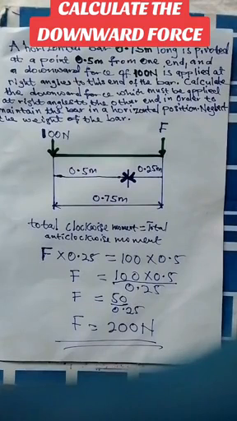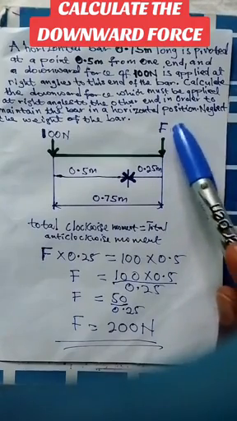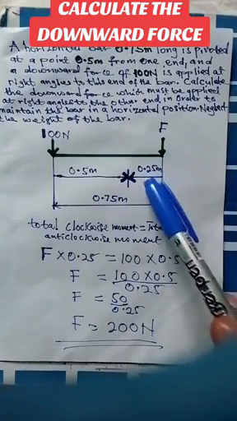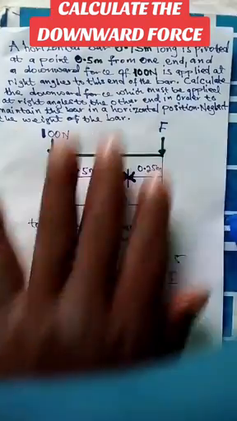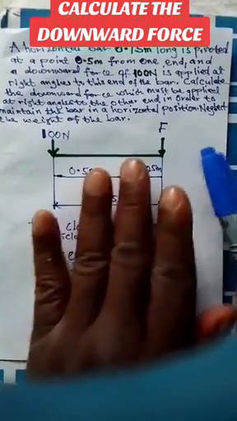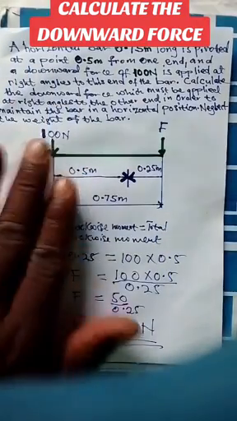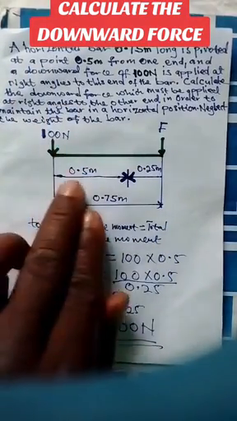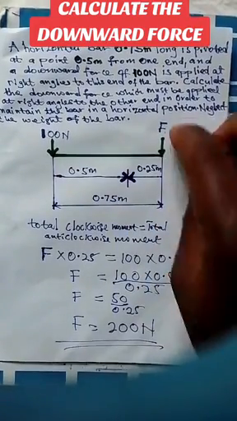At the end of it all, when you put 200 Newton here and multiply by this figure, the principle of moments says clockwise is equal to anti-clockwise. The one at the left, which is 100 Newton, is anti-clockwise, and the one at the right is clockwise.